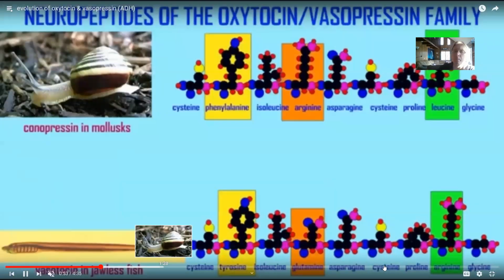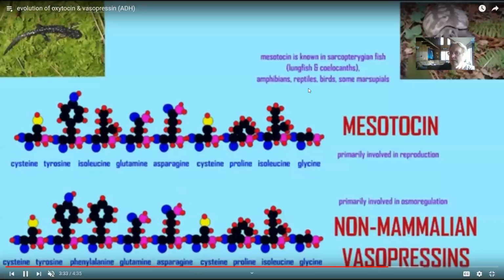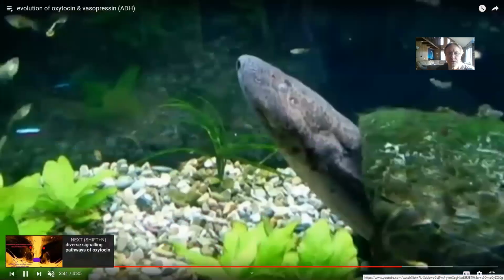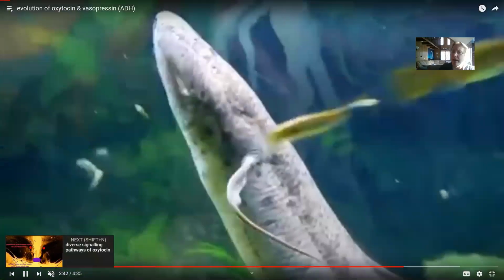And so once again, although mammals have used this for very advanced pathways specific to mammals, there are versions of this neuropeptide/hormone which go back to early animals.